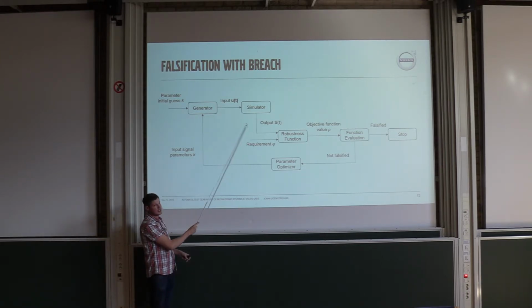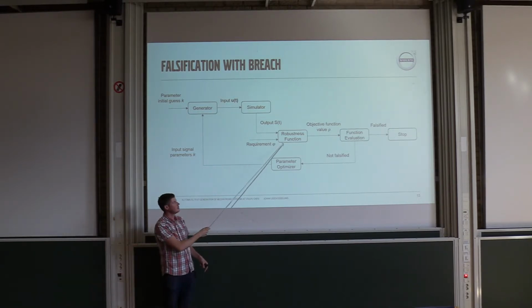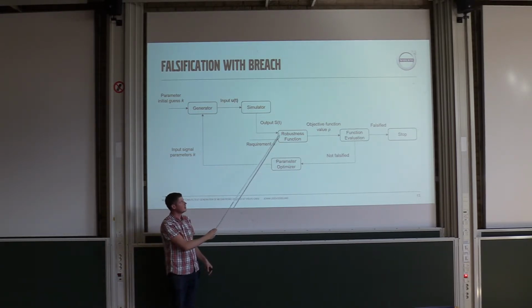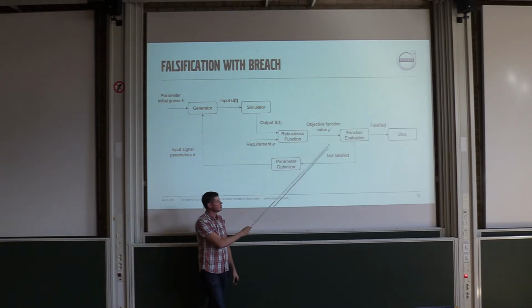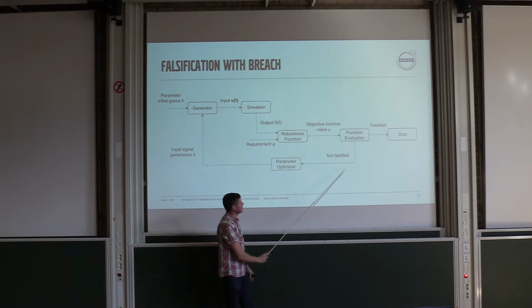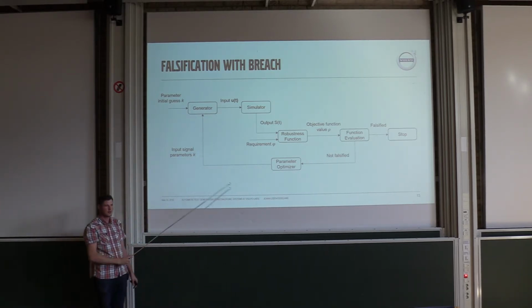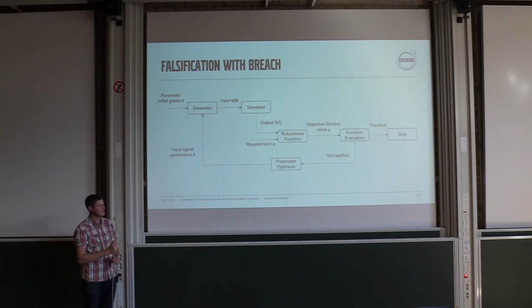This can typically be Simulink, for example, or Modelica, or whatever else. We get the output, so we get X and T. With the requirement, the Breach toolbox takes care of evaluating this. We get an objective function value, so whenever it's negative, we stop, and if it's not negative, we use an optimizer to loop this. We really want to loop until we find some counterexample at the end.